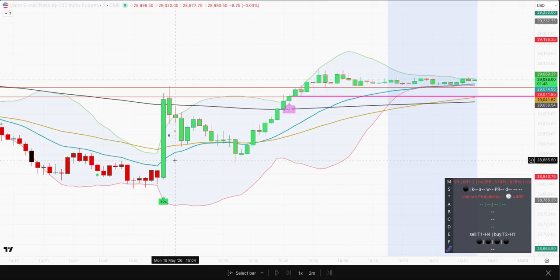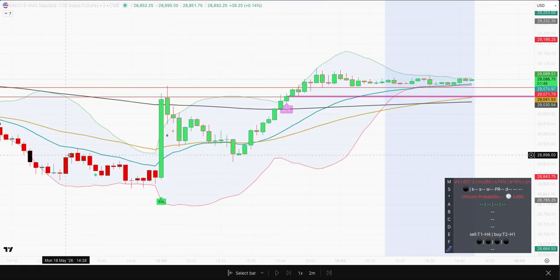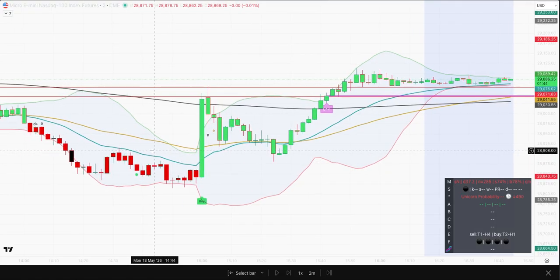What could you do? When you're entering into a structure limit wise, always enter on a closed candle. Do not enter on an open candle. When you pull your stop loss, bring your stop loss to a wick.